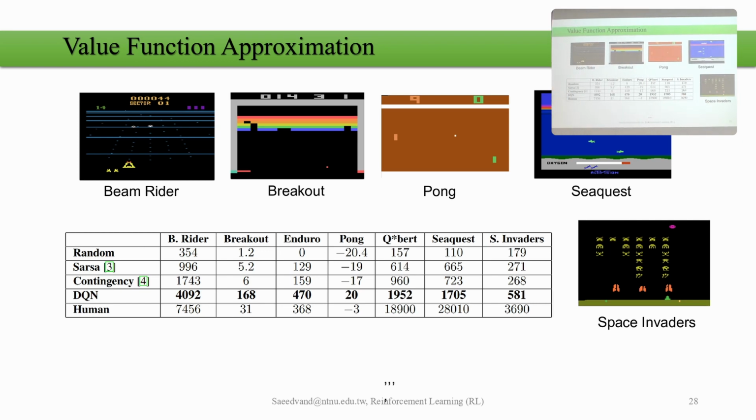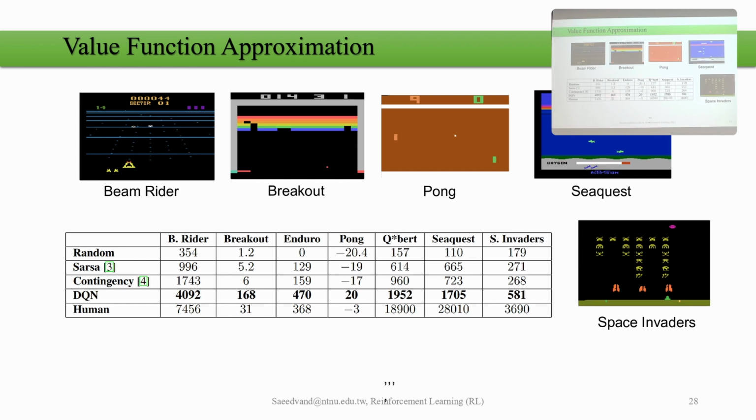Let's have a look at the results of the games. You can see different games on the table with different algorithms applied to them. For example, SARSA, and most importantly, human here. They let a human play the game, and the deep Q learning that is proposed, and I explained the structure for you. You can see in the results that deep Q learning, on many games, even beats the human.